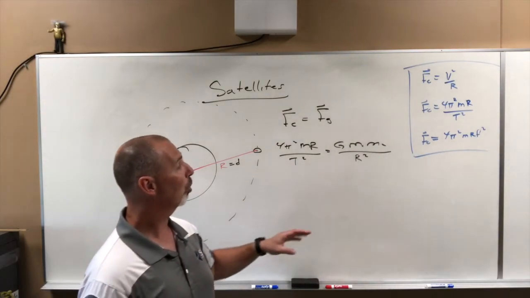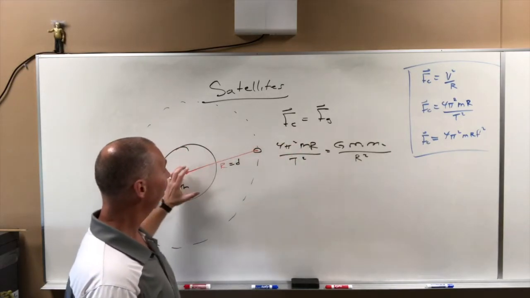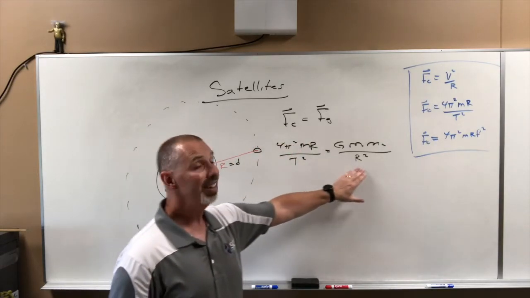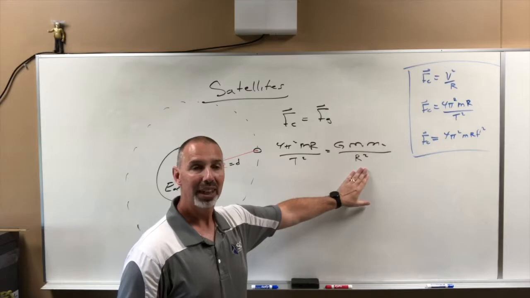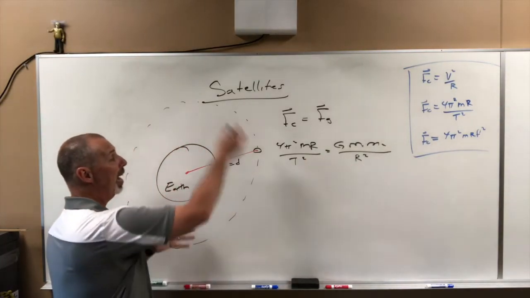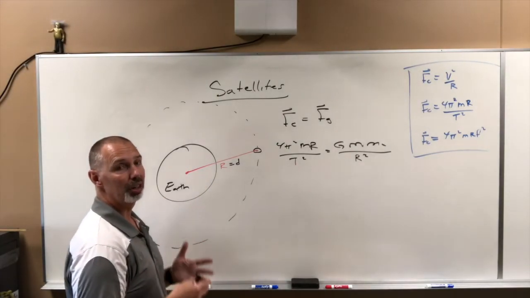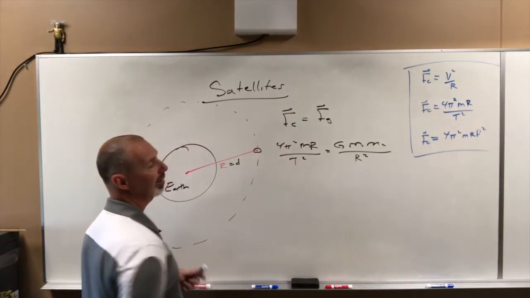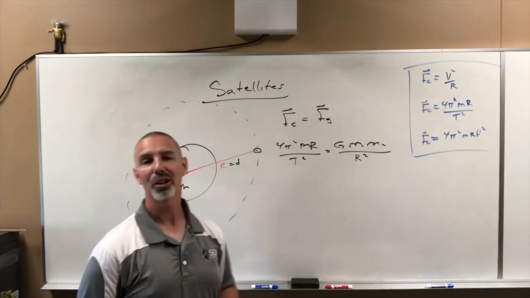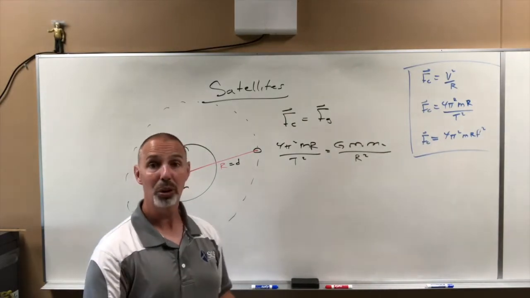But it's important to remember that while the r in the centripetal force equation stands for radius, and the d in the universal gravitation equation stands for the distance between the two objects, in a case where we have an object revolving around another, they are the same number. And so we're going to want to make it the same variable, so when we collect our like terms, it makes sense.